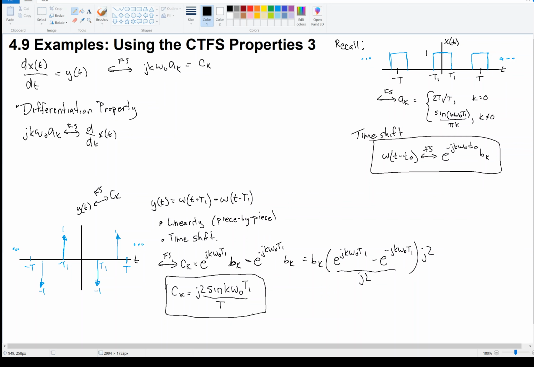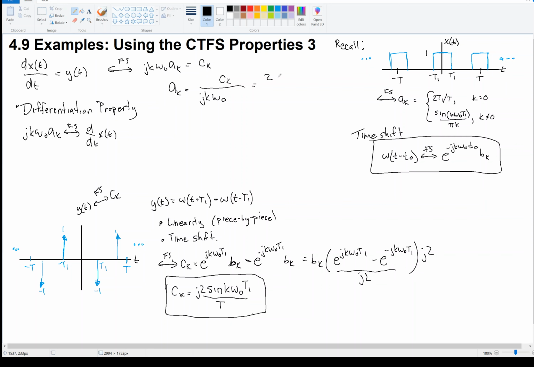And notice I can get back the ak's, the work that we have already done. If I take my ck's and divide by jk omega 0, let's see what happens. I've got my ck's here. If I divide by j, then you'll notice the j's cancel.